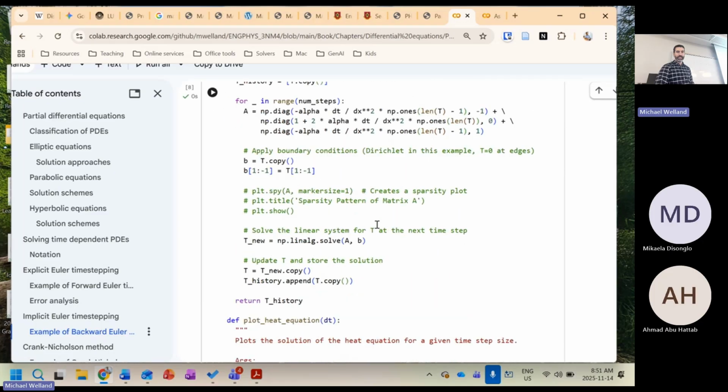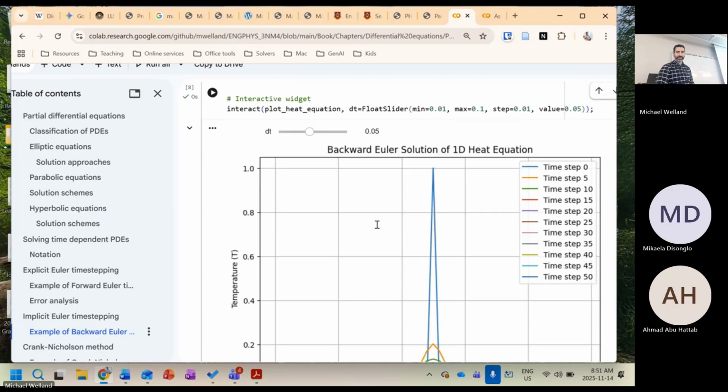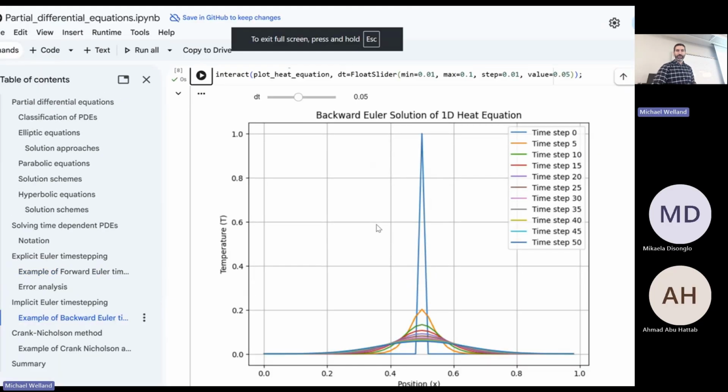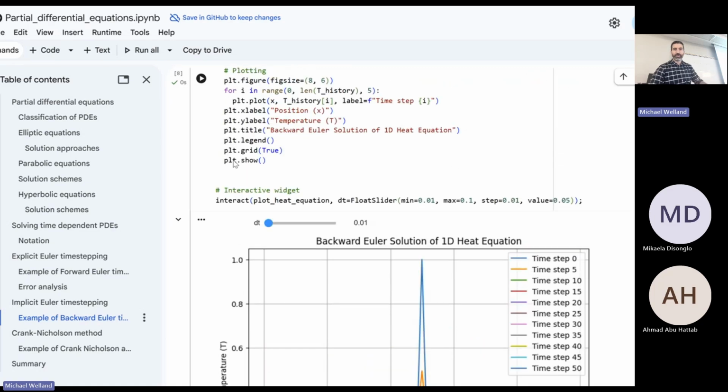So when we run this guy, I think we were a bit more ambitious with this one. Yeah. So this one, I didn't even show the time stepping. I just showed the entire time series. No matter what your initial condition is, your time step is always going to smoothly decrease.